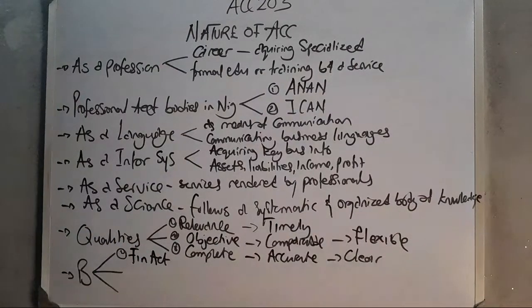When we say financial accounting, it started as what we call a stewardship duty, and it is concerned with the keeping of books of accounts in order to prepare what we call financial statements. This financial accounting is used to determine the financial position of an organization.